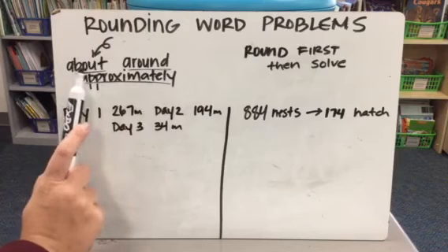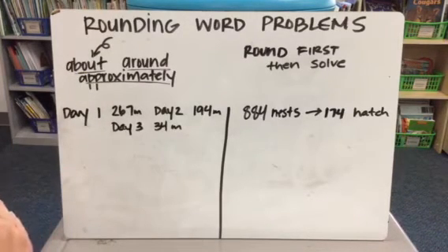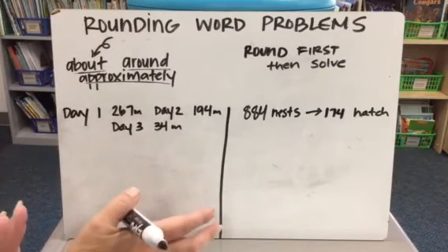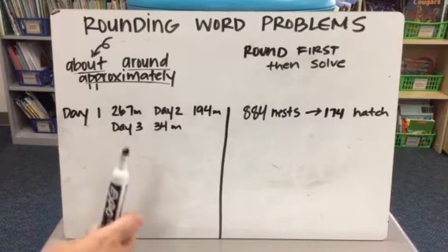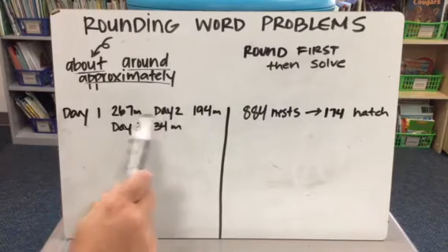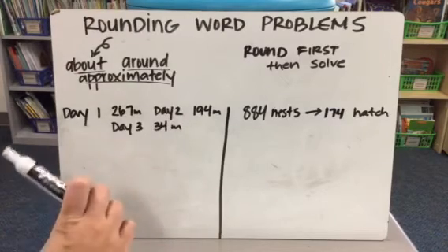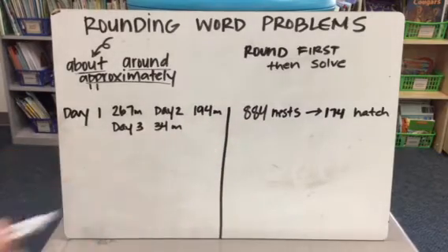Because I heard that word about, I know I need to round. But before I do any rounding, I need to think, what am I doing with these numbers? Think about the math before you do the math. They're asking how many miles I drove to get to my vacation. I need to include all of these days. I didn't just drive on day 1, I drove on all of these days. So that tells me I need to add. I need to join my days together.